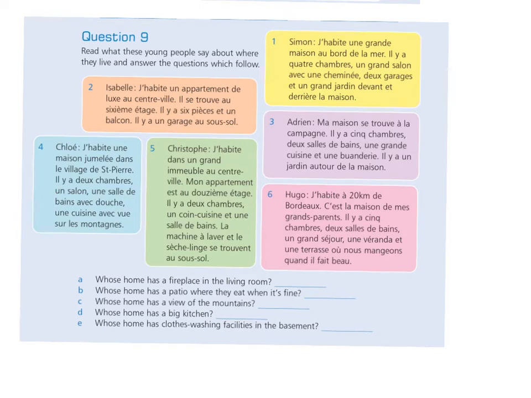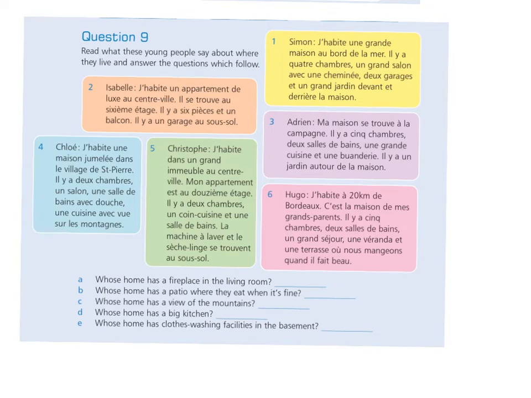There is a garden around the house. 4. Chloé. J'habite une maison jumelée dans le village de Saint-Pierre. I live in a semi-detached house in the town of Saint-Pierre. Il y a 2 chambres, there are 2 bedrooms, un salon, a sitting room, une salle de bain avec douche, a bathroom with a shower, une cuisine avec vue sur les montagnes, a kitchen with a view on the mountains.